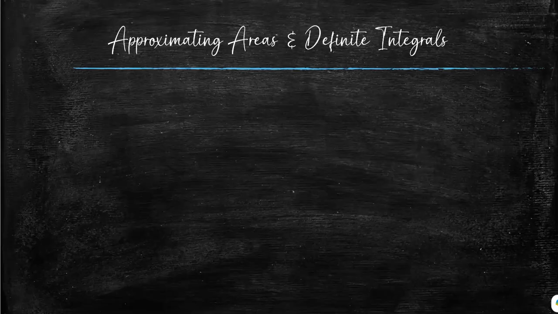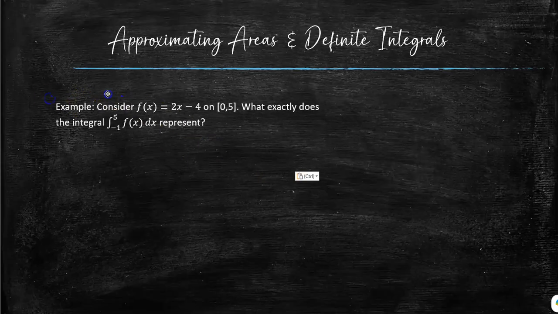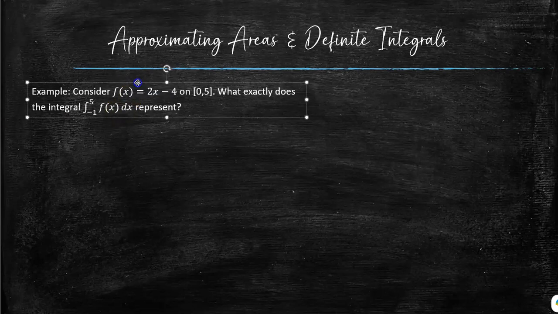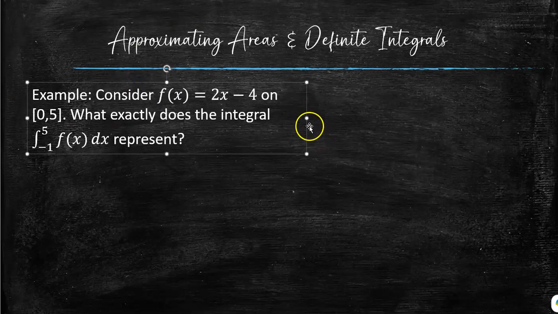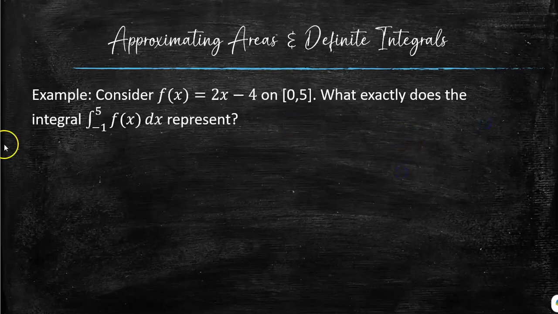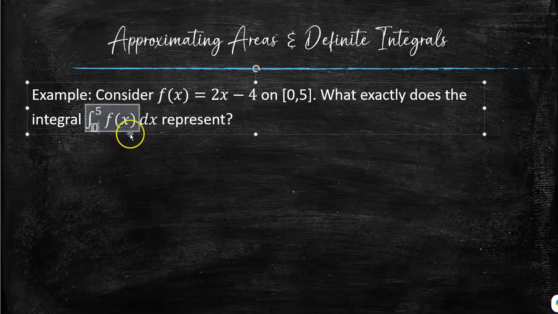Let's consider the following example and answer the following question. Consider this function on the interval from 0 to 5. What exactly does the integral from 0 to 5 represent? Let's find out.